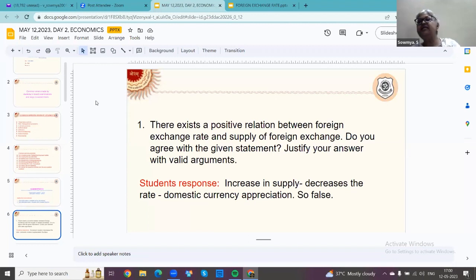Now that you have seen the question and the answer, can you tell me whether the student's response is correct? Have they written the complete value points? What is asked? Whether they have justified?